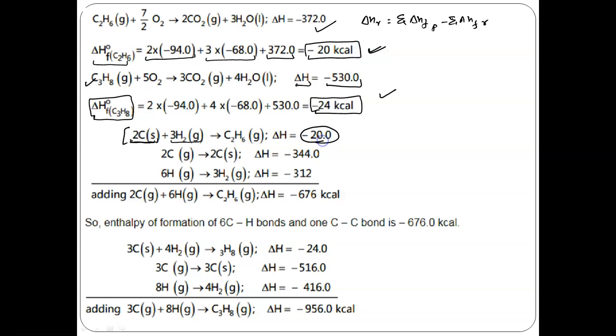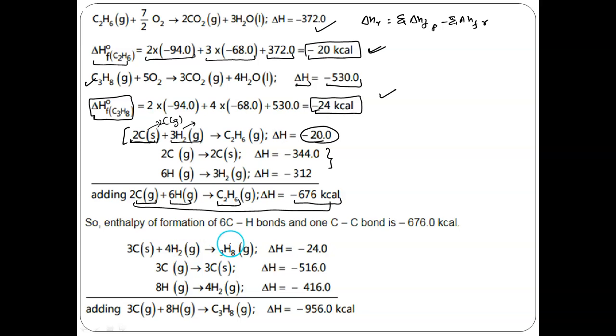But this data includes sublimation energy, because carbon will have to convert into twice carbon in gaseous form. Similarly, hydrogen has to be atomized. These data are given. So if we add all this, we get the delta H for a reaction where C2H6 is formed from gaseous carbon and atomized hydrogen, and that value comes out to be minus 676, right?